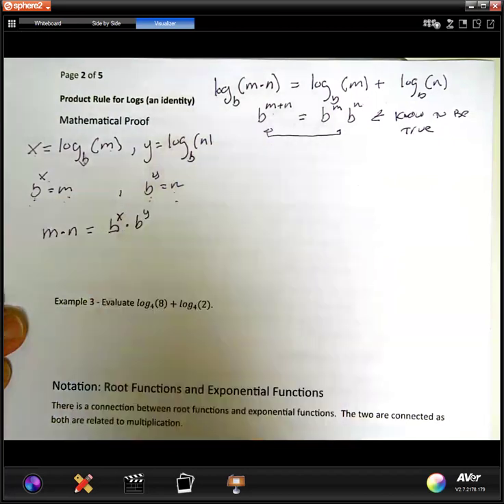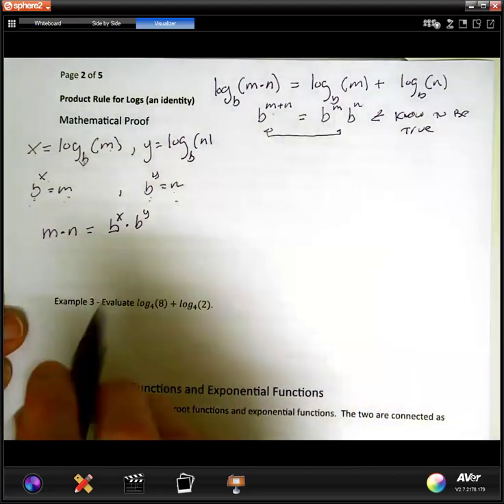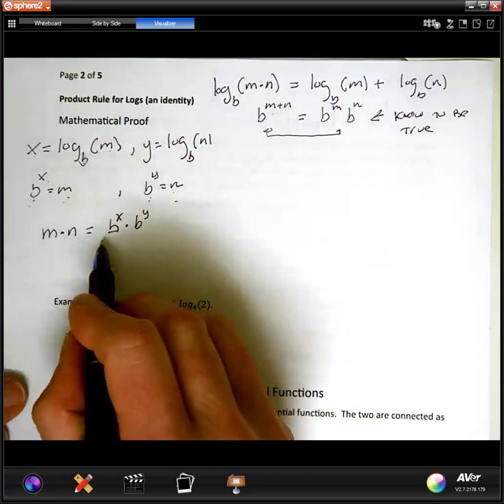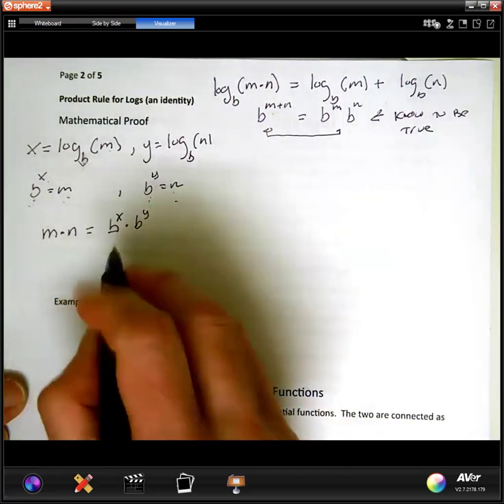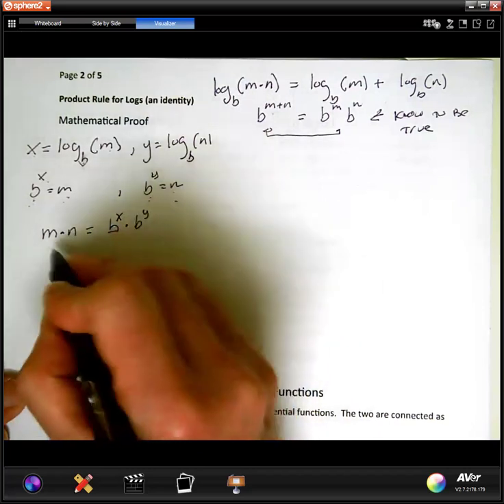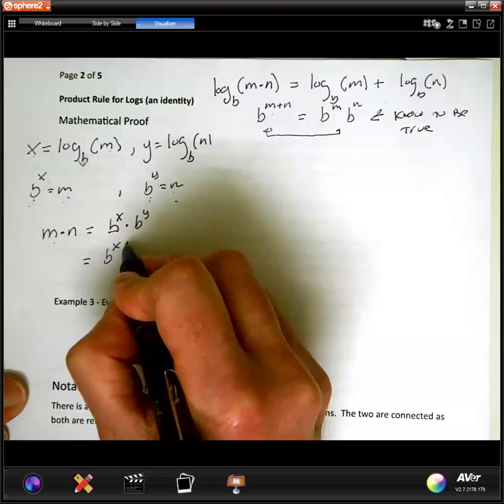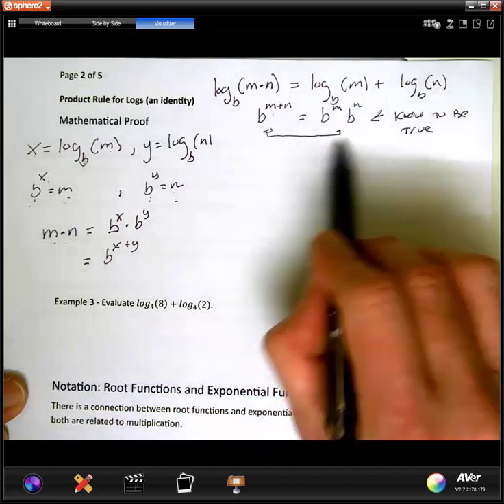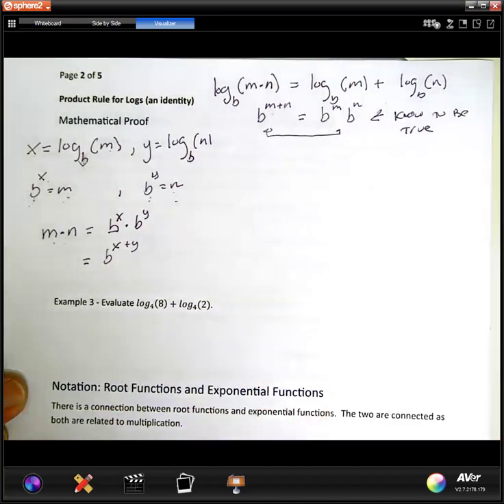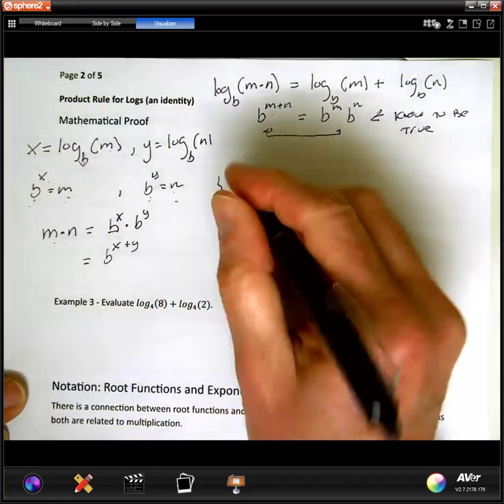When you're doing equations, you're typically writing identities, sometimes not, but in this case they are, because this is going to be true for everything. How does that help us? I know that m times n is b to the x plus y, using the rule that I said this comes from. Great. Now we're going to go over here and continue.